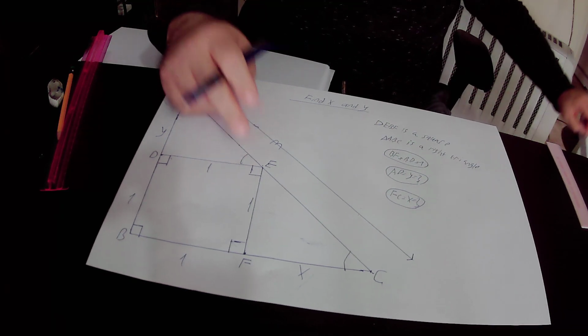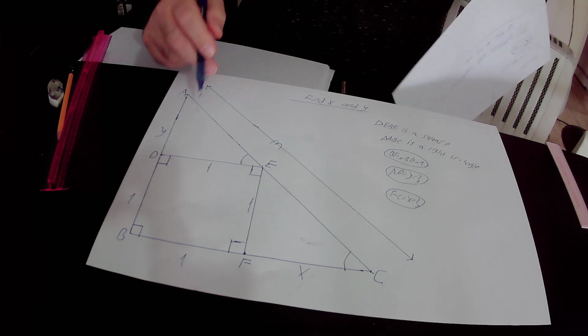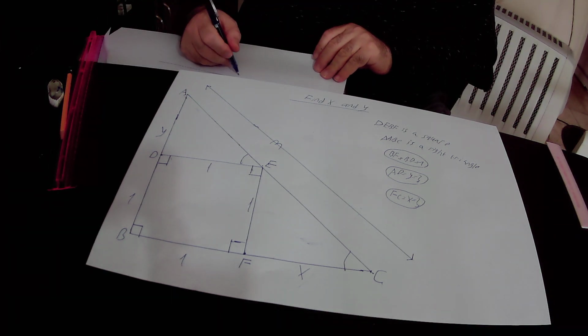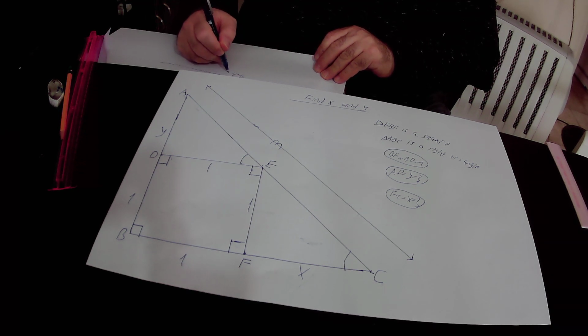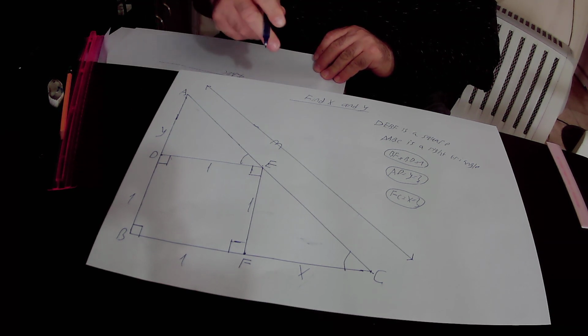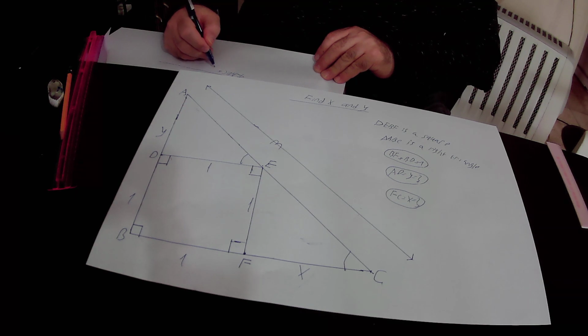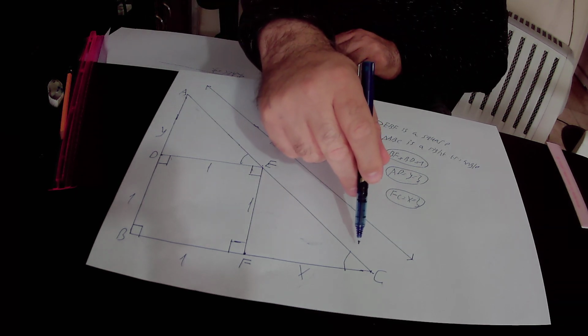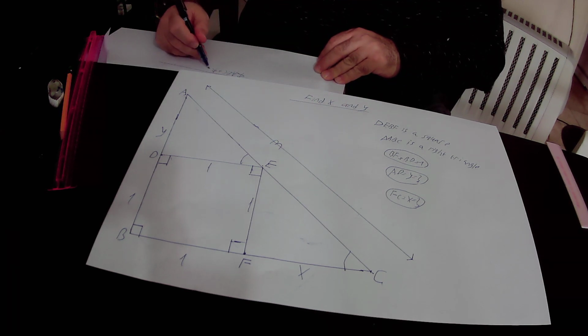So we can write down that angle AED, this angle, is equal to angle ECF, this angle, and they are equal to each other according to rule number 1.